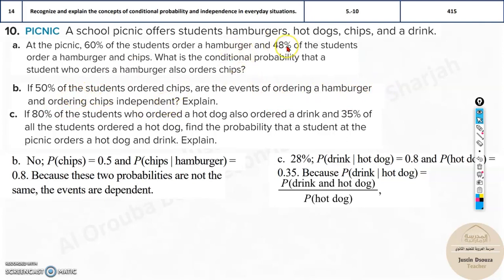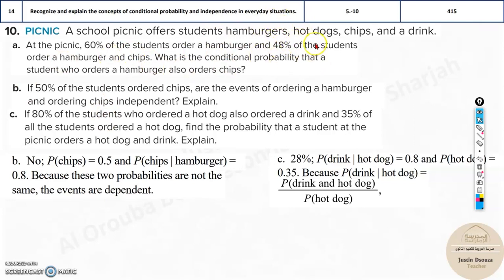No, see, look over here. They are all interrelated because 60% ordered hamburgers and then hamburger and chips were ordered together as well. So there is a probability 48% of them ordered together, both hamburger and chips. So you can't tell they are independent because there is dependency of both as well.